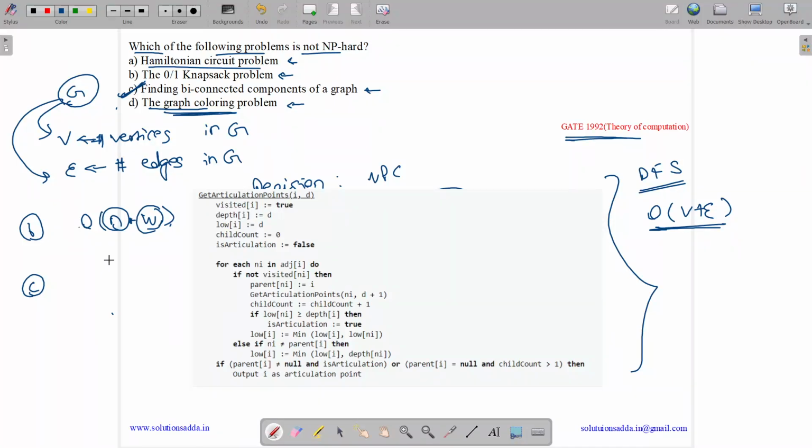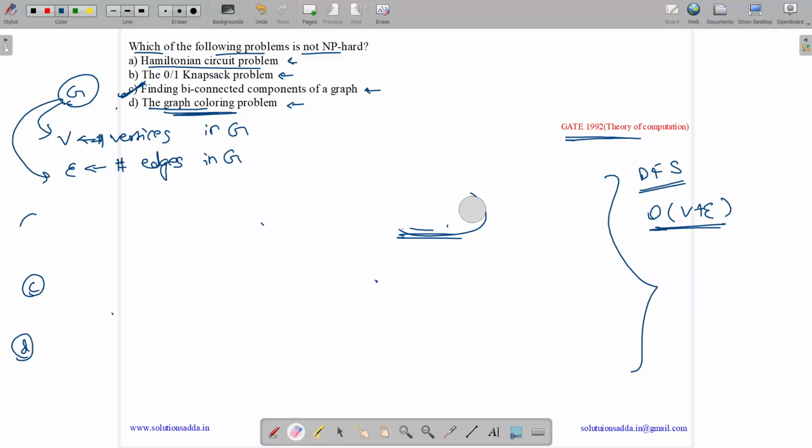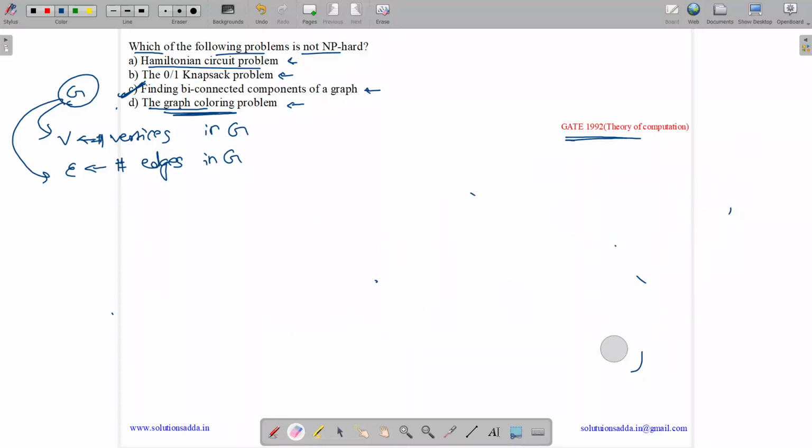Now let us see option D. Option D states the graph coloring problem. So what's the complexity for the graph coloring problem? In the graph coloring problem, we are given a graph G, and we need to color it with the minimum number of colors.